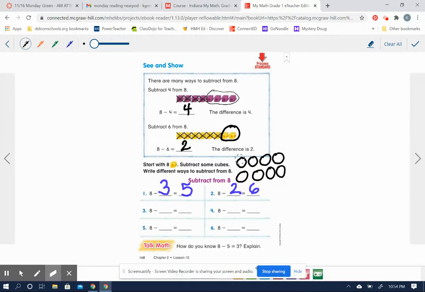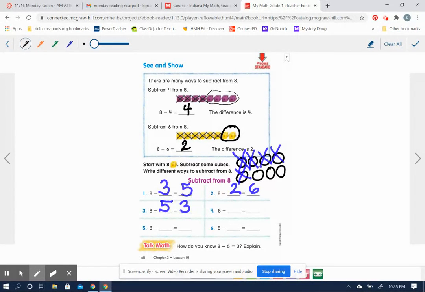All right, let's say this time we want the pen, we're going to subtract 5. 3, 4, 5. How many are left? 1, 2, 3. Oops, I forgot to write here. We took away 5. We put X's on 5 of them. Took away 3.